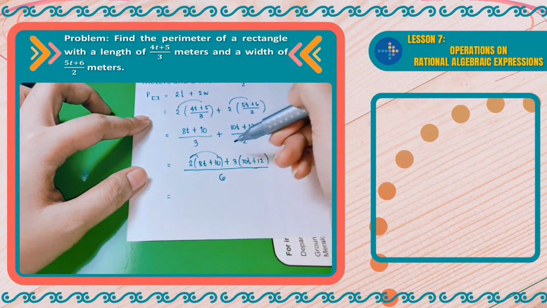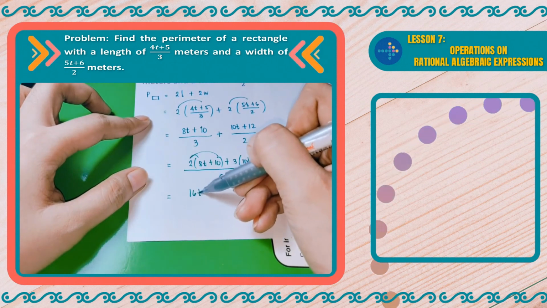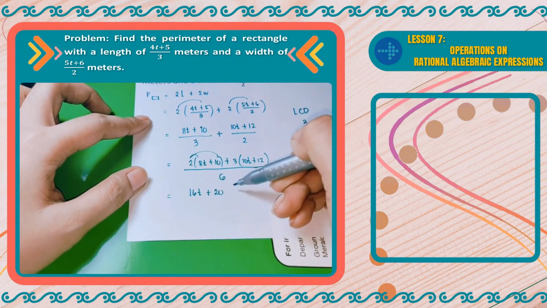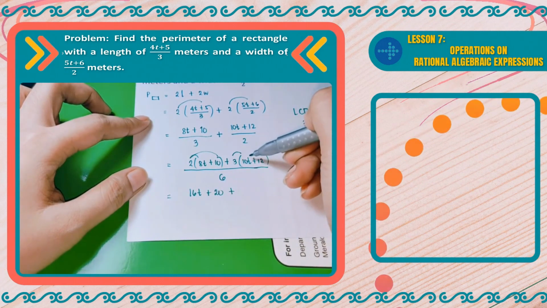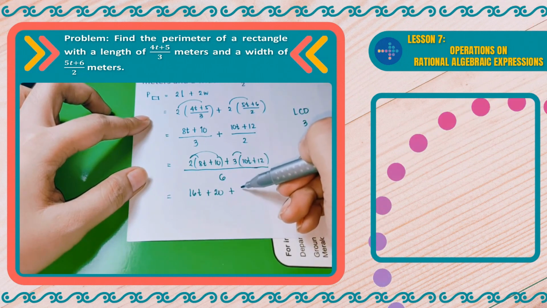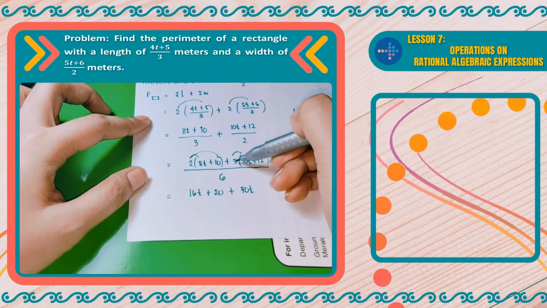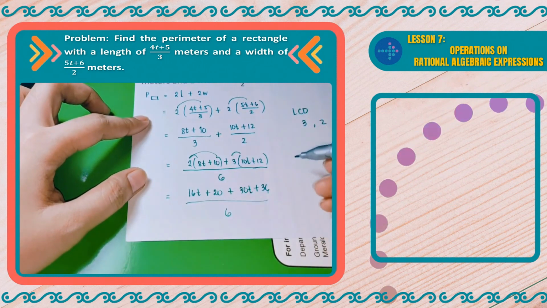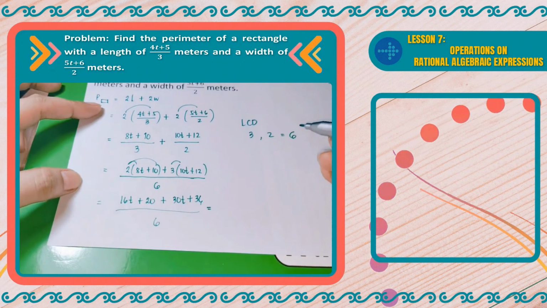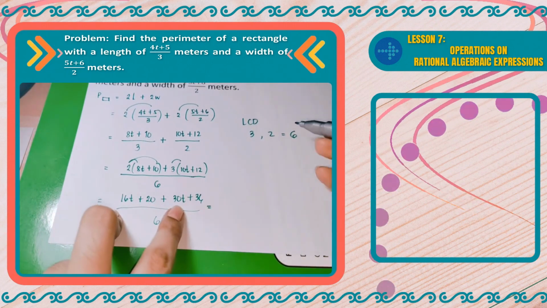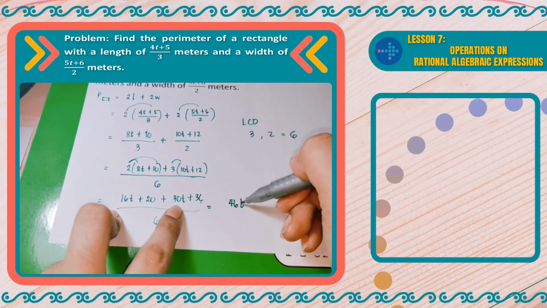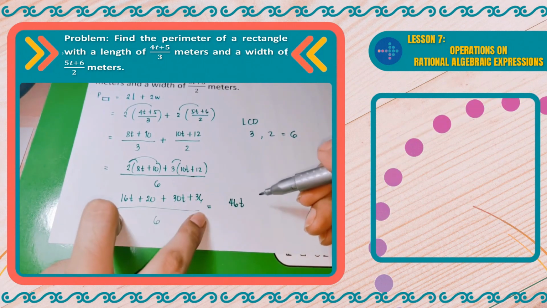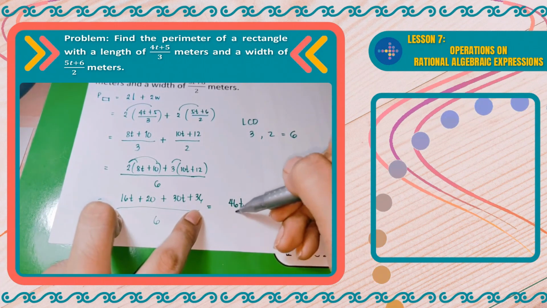Then, distributive property, 16t plus 20 plus 3 times 10t is 30t. Then, 3 times 12 is 36 over 6. Then, 16t plus 30t is 46t. Then, 20 plus 36 is 56 over 6.